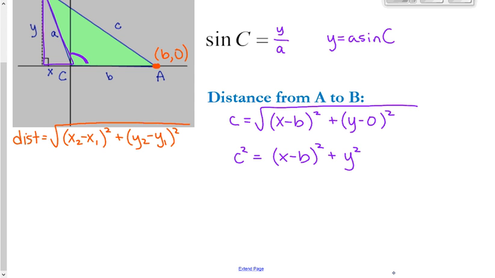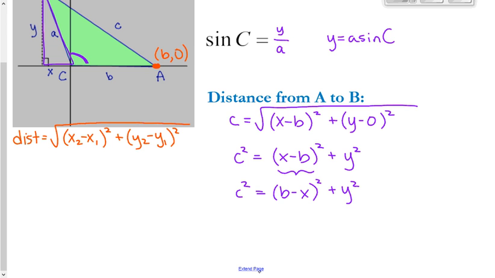Now if you look at this equation, it's very much like an equation that we had back in part 1 when we were doing the acute triangle, except I had a b minus x instead of an x minus b. But if you're going to square it, it's the same thing. So c squared equals b minus x squared is the same thing as x minus b squared.